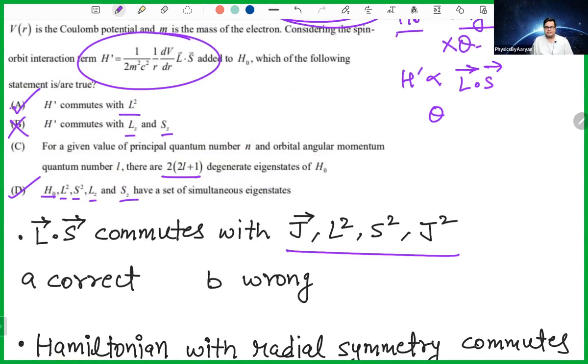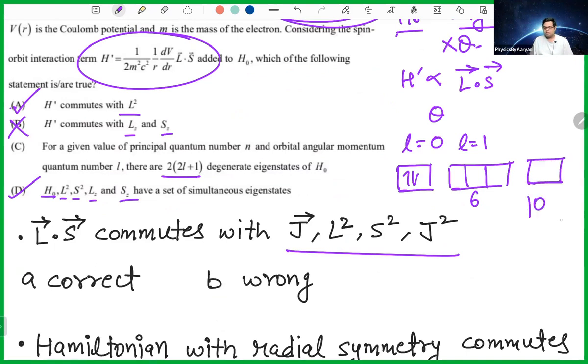So basically what they're asking is, for one value of L, for example, if L is 0, which basically means S state, how many electrons can you put? 2. L equals 1, you have p orbital. In p orbital, how many electrons can you put? 6. Right? In d orbital, how many electrons can you put? 10. And you can try that. If I put 0 here, I will get 2. If I put 1 here, I will get 6 electrons.